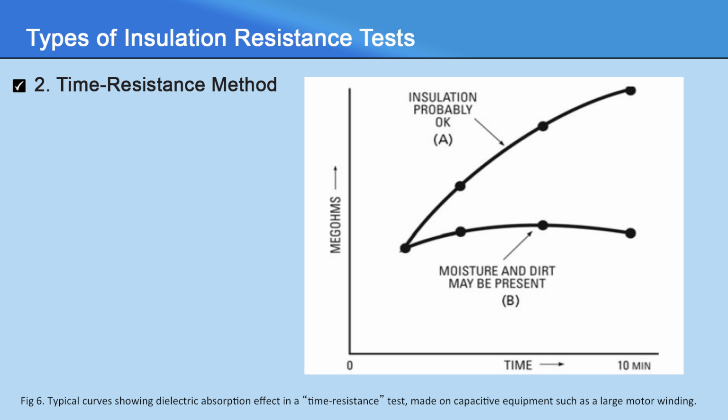In this, we will obtain two characteristics, characteristic A and characteristic B. Characteristic A shows whether the insulation is okay or not, and the second characteristic shows whether moisture and dirt may be present. So this method gives us two values: the condition of the insulation, and the moisture and dirt content in the insulation.